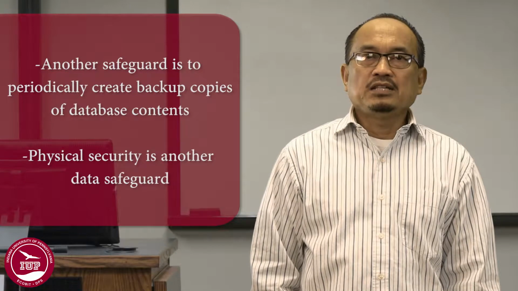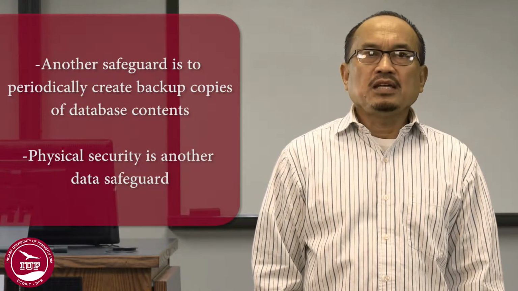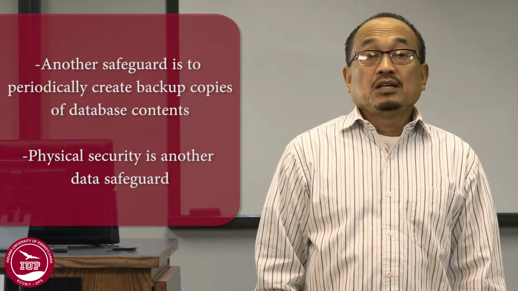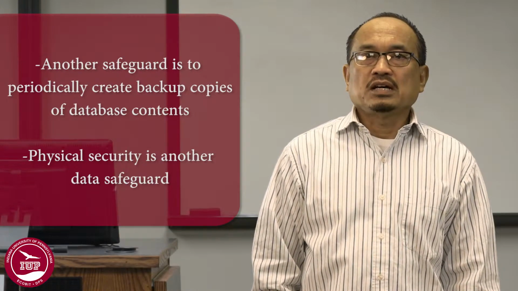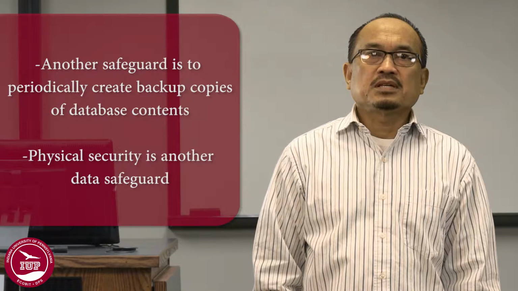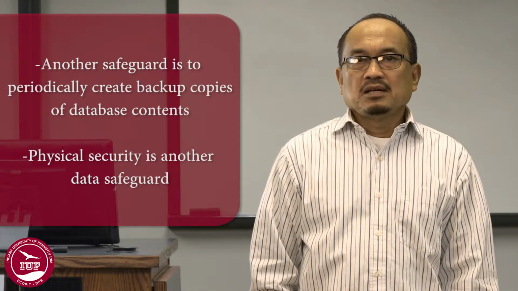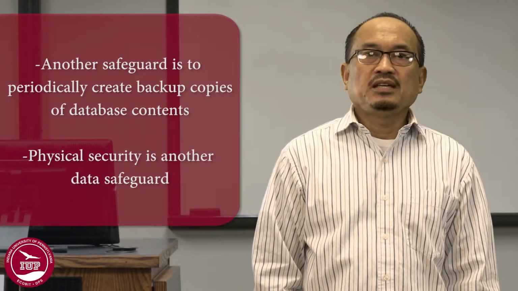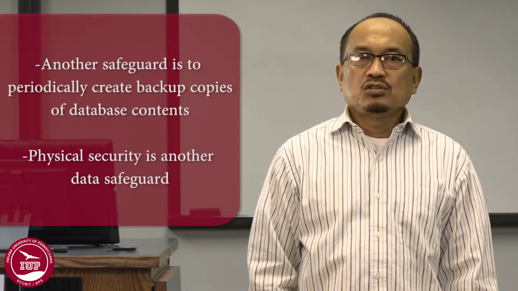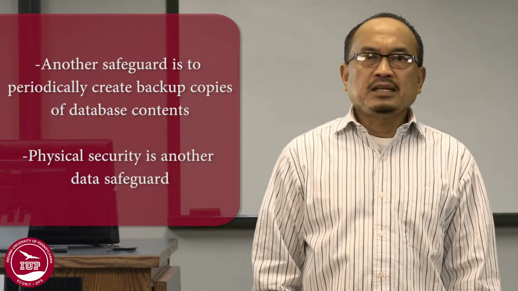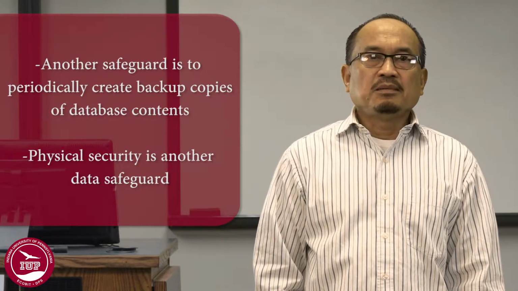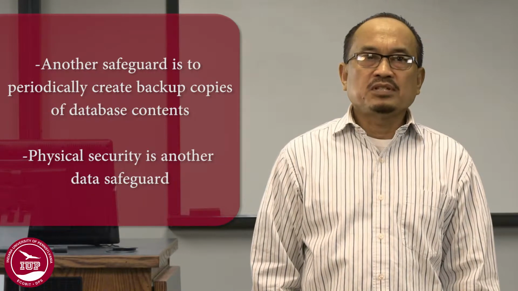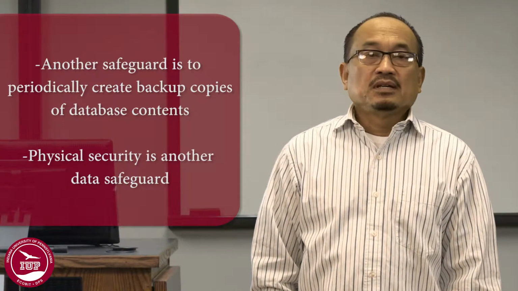Another safeguard is to periodically create backup copies of database content. The organization should store at least some of these backups off premises, possibly in a remote location. Additionally, IT personnel should periodically practice recovery to ensure that the backups are valid and that an effective recovery procedure exists.